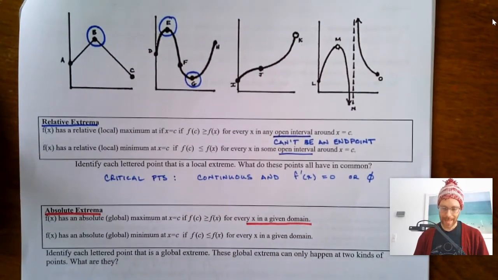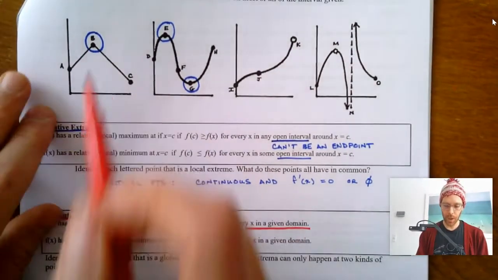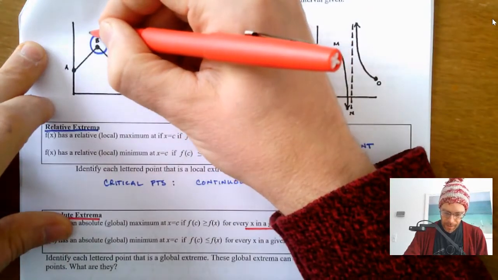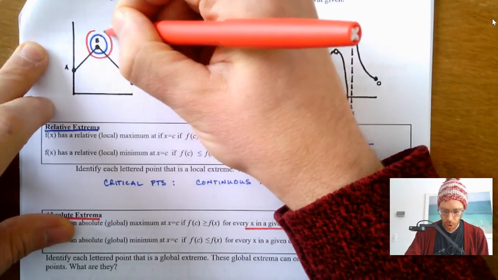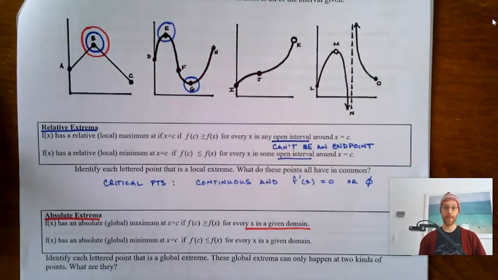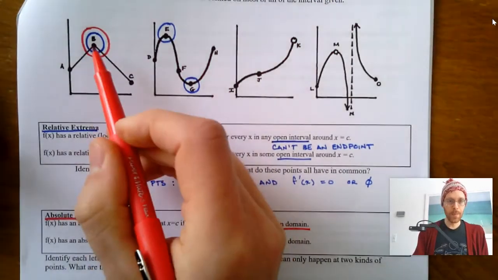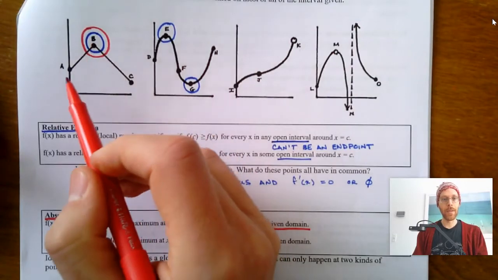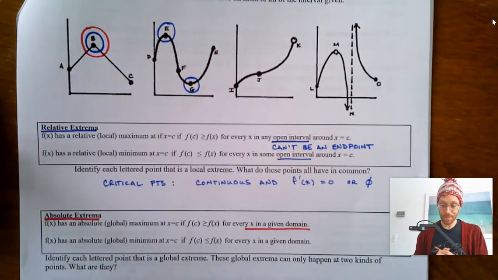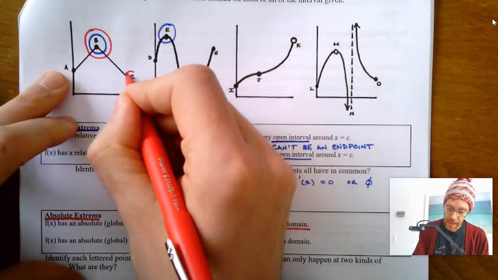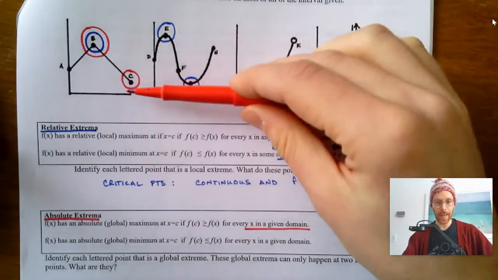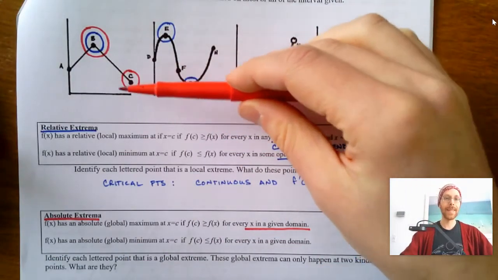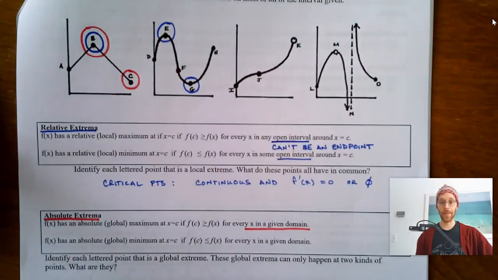So to give you a quick example, for the first function here, not only is B a local extreme, it is also a global extreme. I will mark them in red because B has a value greater than everything else on the function. C would be a global minimum because its value is less than every other point on the function.